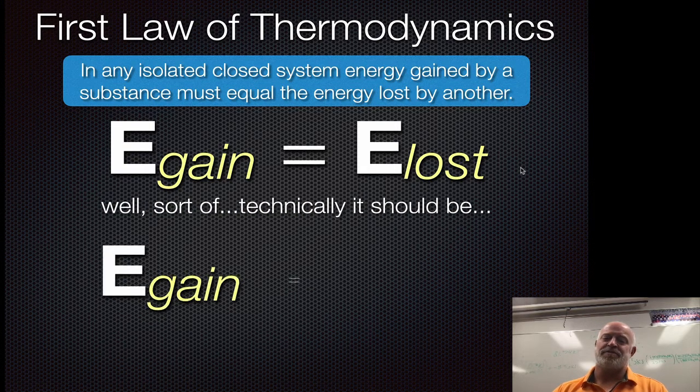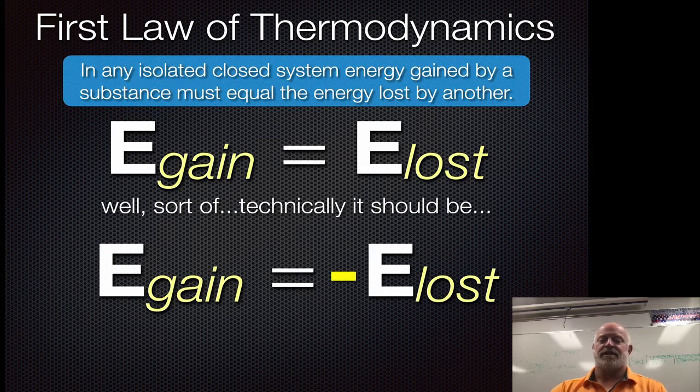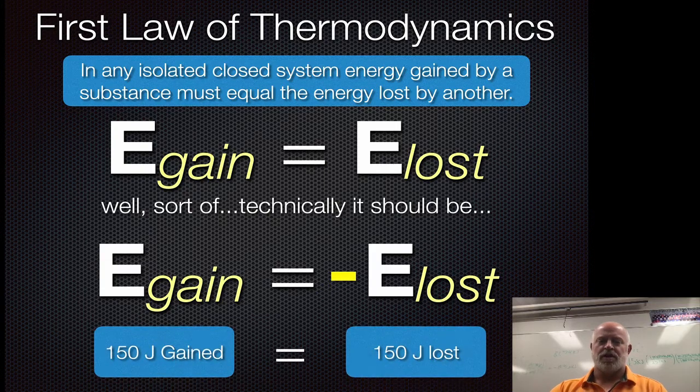Now, technically, there's a problem with this, okay? If you gain energy, it can't equal lost energy because they have opposite signs, okay? So the way we fix that is we actually put another negative symbol into one side of our equation. It's probably easier to identify this by doing a little bit of math, all right? So let's say we had a system where the system gained 150 joules of energy, okay? For it to gain that energy, something else has to lose 150 joules of energy, okay?